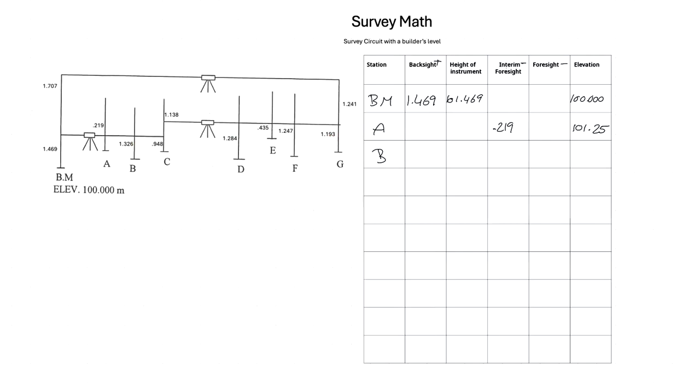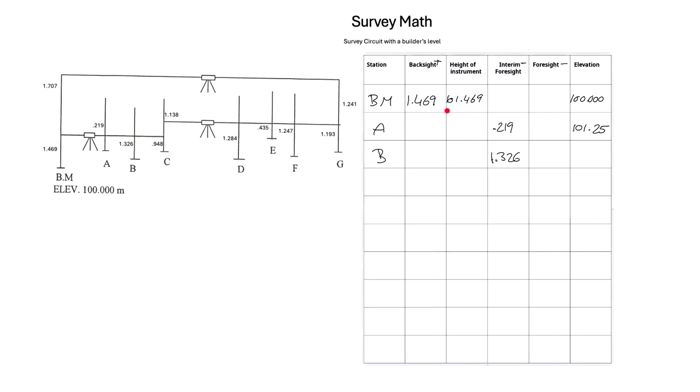So 1.326. And you can see the way it's drawn, the reading for A was 0.219, and here the reading is 1.3 something, which means B needs to be lower than A because the number that we're reading on the rod or the tape measure is higher.